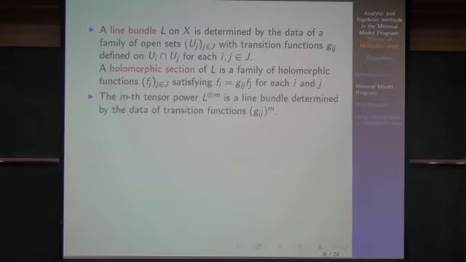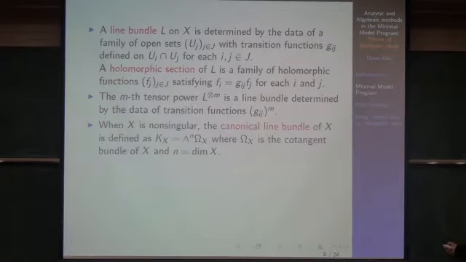We define the mth tensor power of a line bundle to be another line bundle, which is determined by the new transition functions Gij to the power m. And when X is non-singular, we can define an especially important line bundle, Kx, defined as the nth wedge power of omega x, where omega x is the cotangent bundle of the complex manifold X. This is called the canonical line bundle.